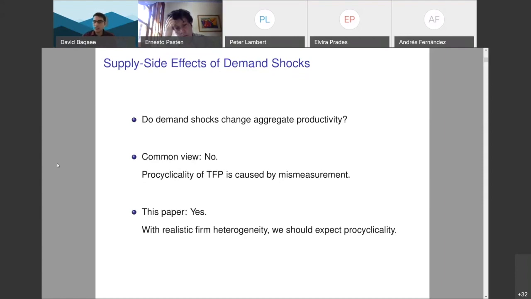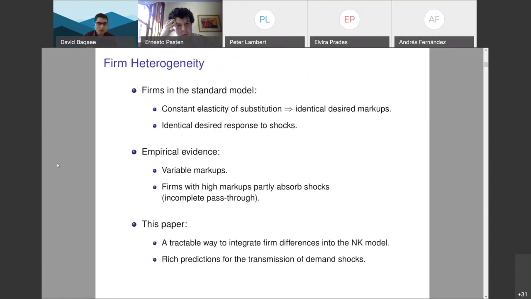In this paper, we take a different approach, and we say, actually, if you write down a model with realistic ingredients, in particular, if you have the kind of realistic firm-level heterogeneity that we think exists in the real world, then it is very natural for aggregate productivity to respond to aggregate demand shocks. And the pro-cyclicality you see in the data is very easy to explain with a standard model, and you don't need to rely on anything about mismeasurement. And so that's the big picture goal in the paper.